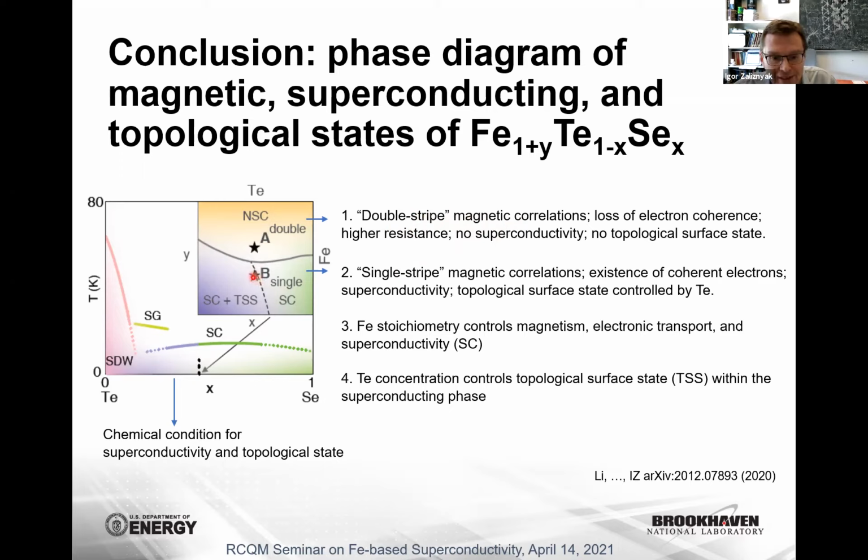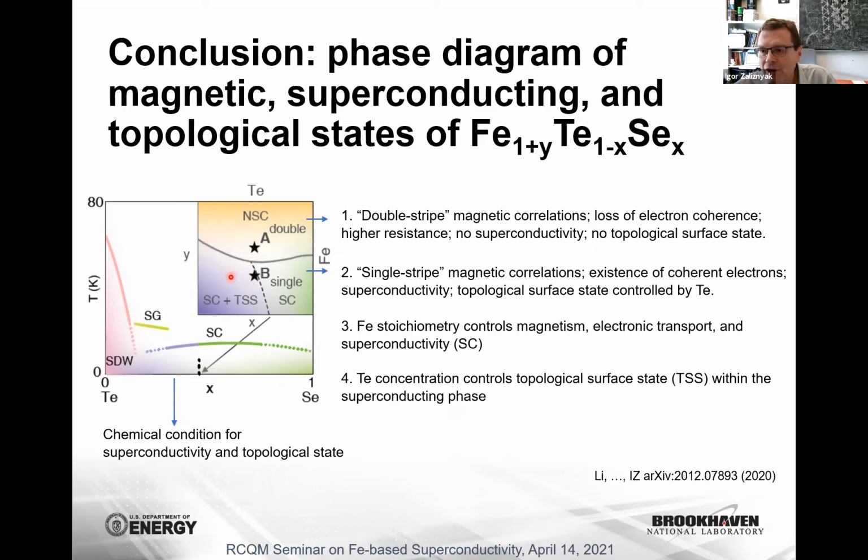And what we see is that it's right at the boundary of the phase transition line between a trivial and topological state. Both samples are also close to the transition line between the non-superconducting and superconducting state.